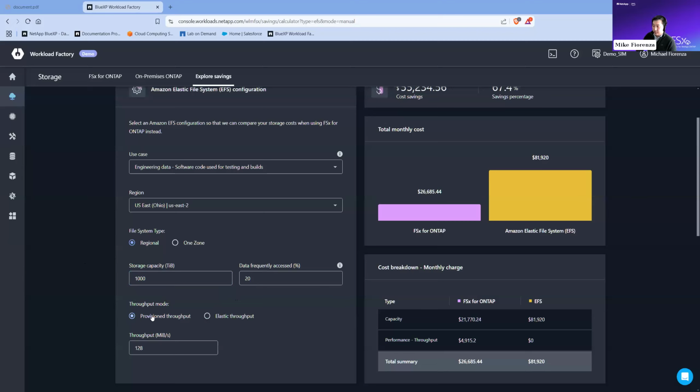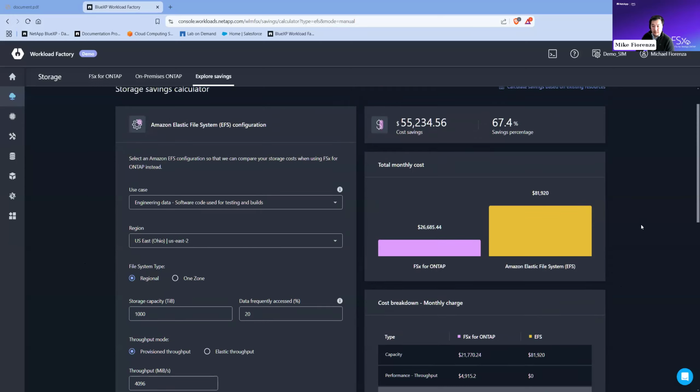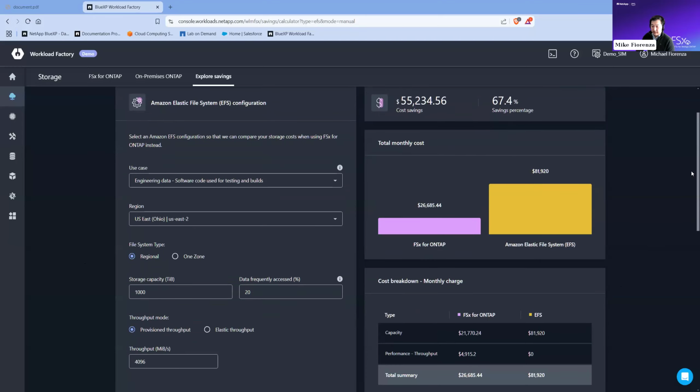We are going to do the provision throughput, and we're going to give this 4 gig. And if we take a look at this, right, the cost savings over native EFS are very apparent. We're looking at $55 to almost $60,000 per monthly cost savings over native EFS.